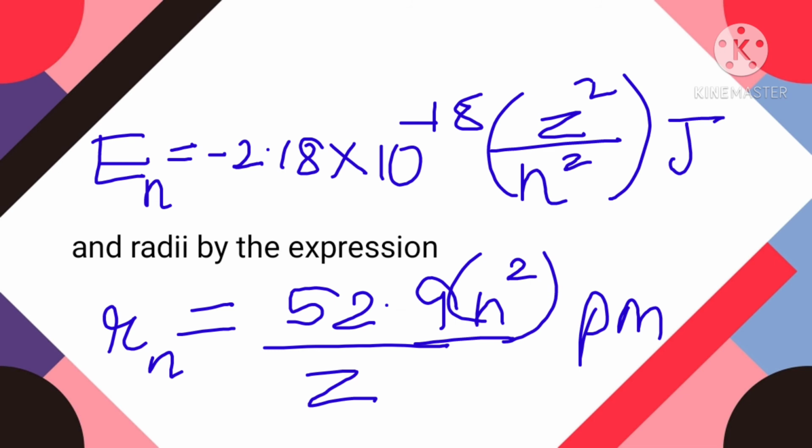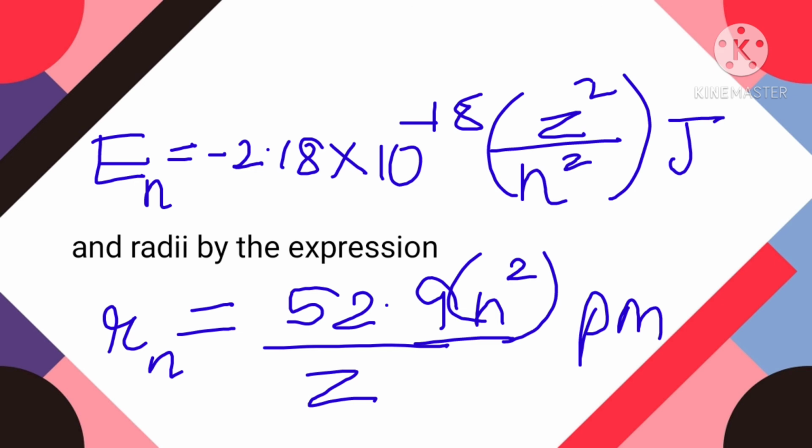ठीक है, where Z is the atomic number and has values 2 for helium. हीलियम का आपको पता है atomic number 2 होता है, लिथियम का 3 होता है. Okay, so from the above equation it is evident that the value of energy becomes more negative and that of radius becomes smaller with the increase of atomic number.